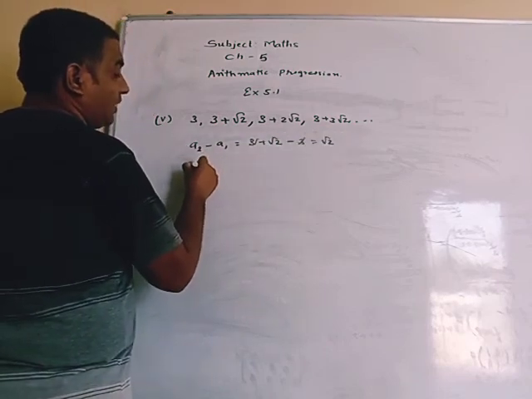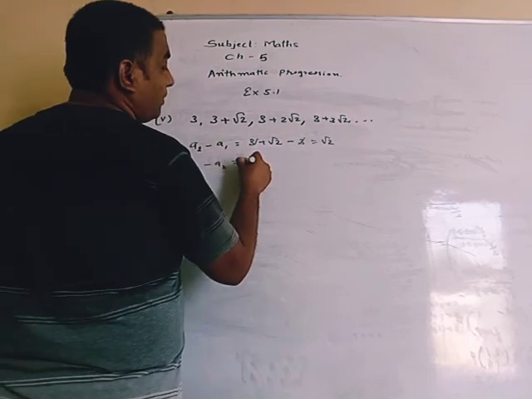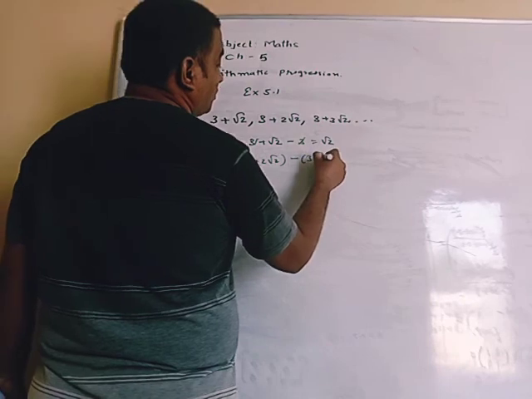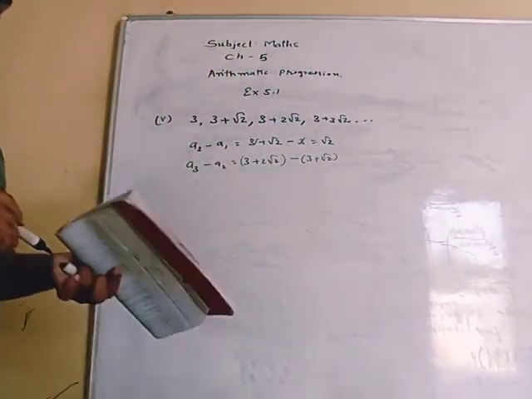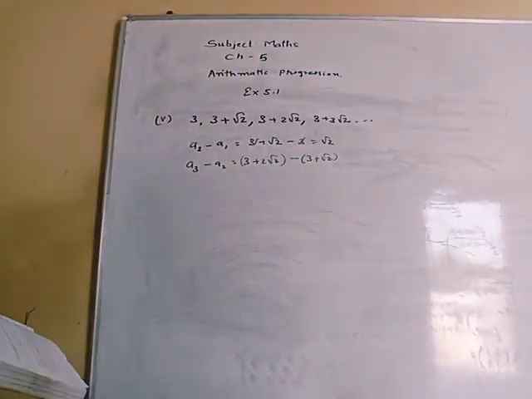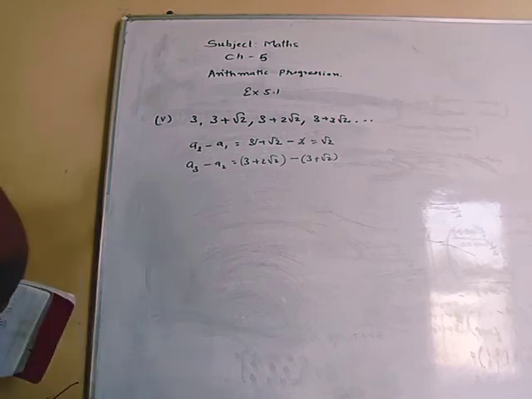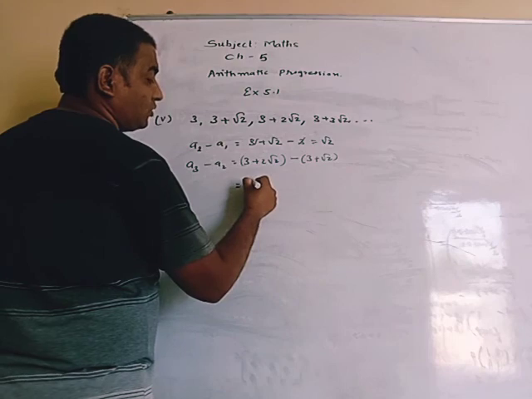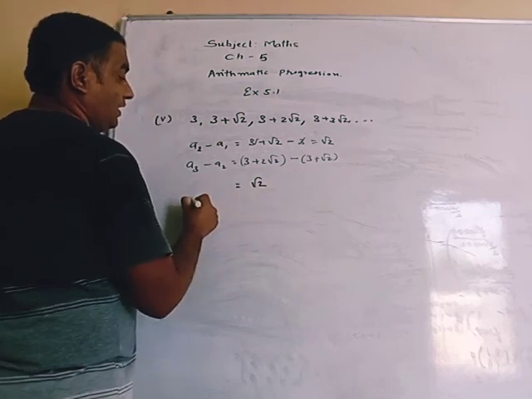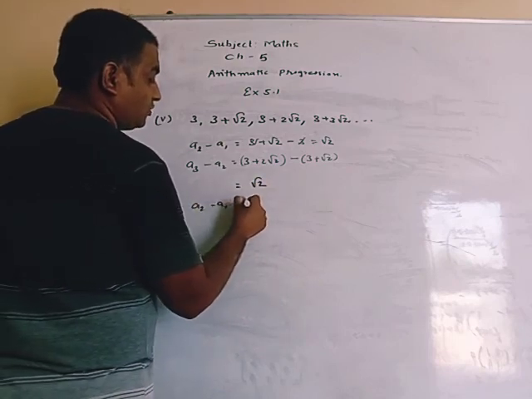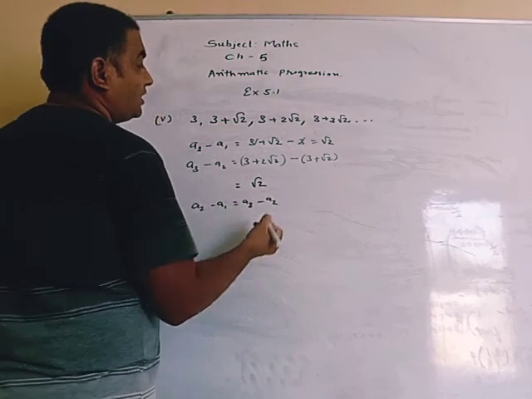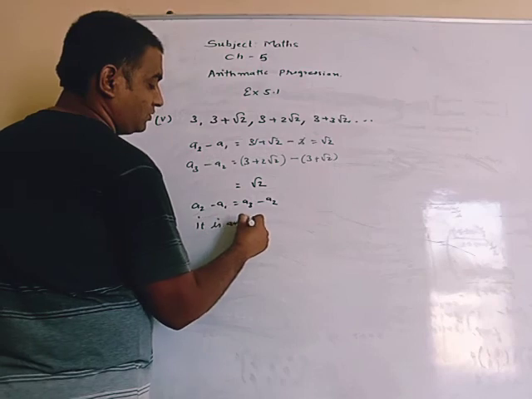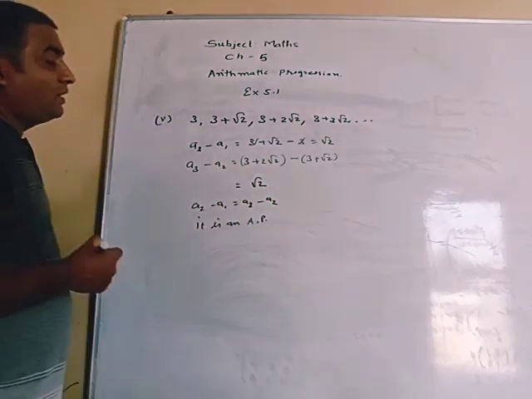Here a3 minus a2 we take, 3 plus 3 root 2 minus 3 plus 2 root 2. The answer is 3 minus 3, 0, and 3 root 2 minus 2 root 2, it will be root 2. So we can see that a2 minus a1 equals a3 minus a2, and so it is an AP.